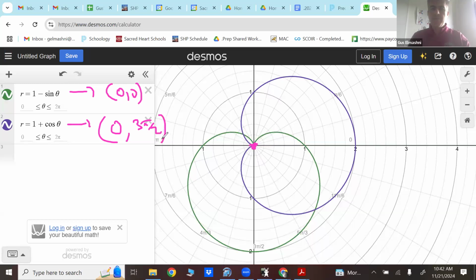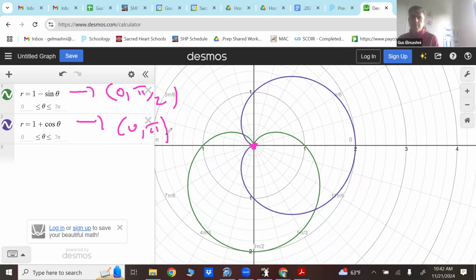No, because cosine... oh, you're right. Yeah, 0 for cosine, and 0, pi. So even though they intersect at the pole again, they happen at analytically different places.